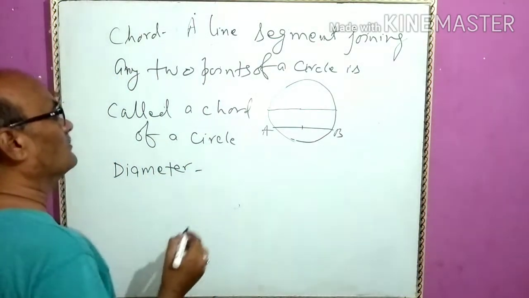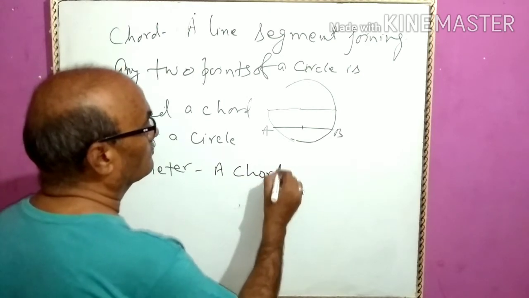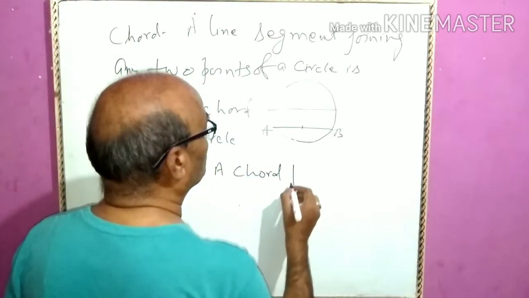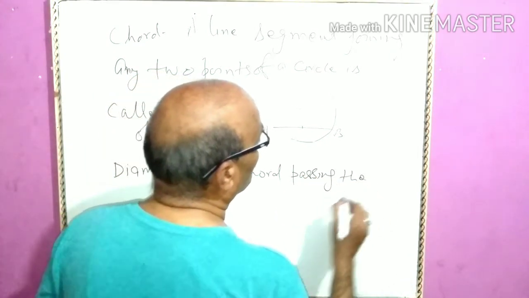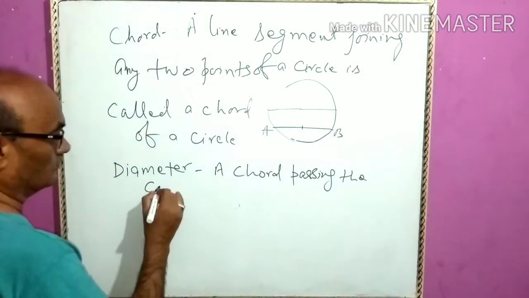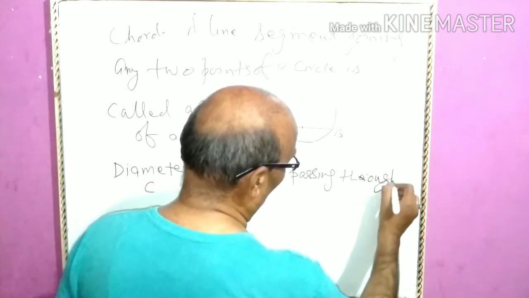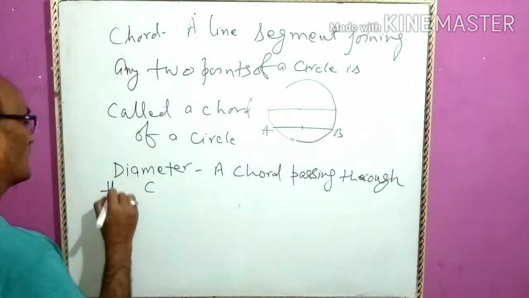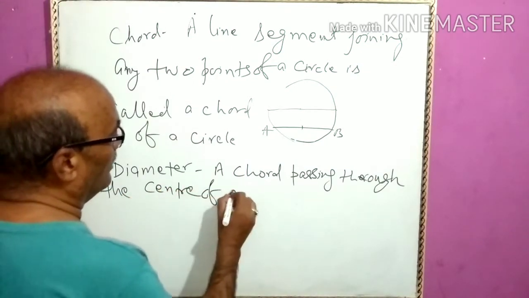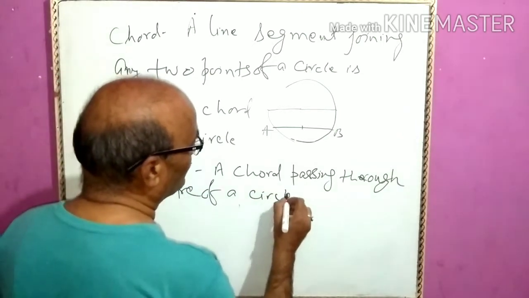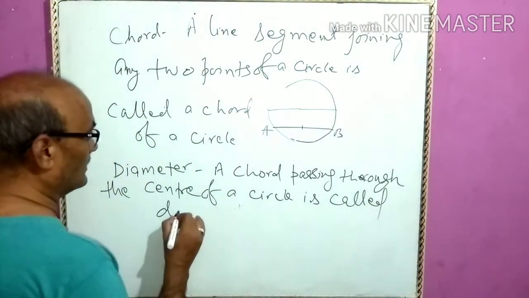So we can say that a chord passing through the center of a circle is called the diameter of the circle.